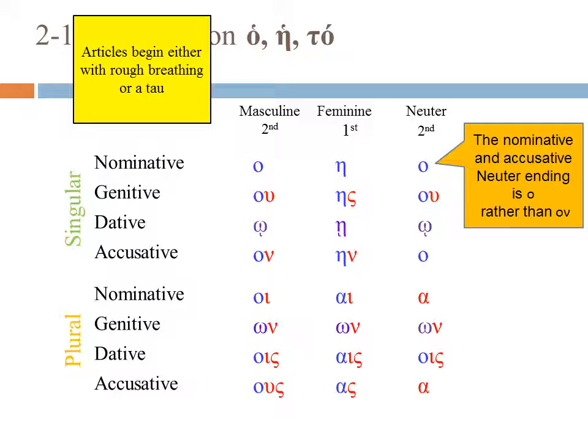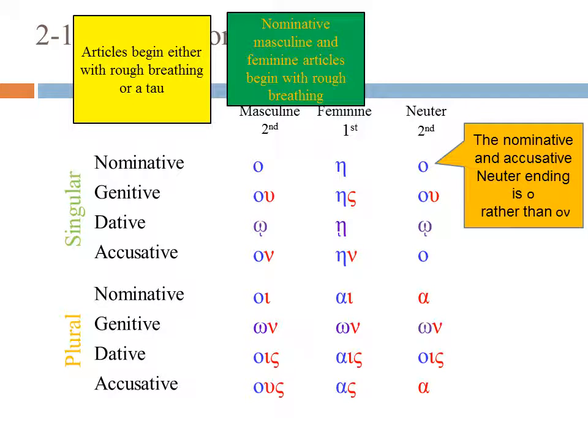So in a sense, we can think of all definite articles must begin with an H or a T. Nominative masculine and feminine articles begin with rough breathing. So let's look at the nominative masculine, rough. Nominative feminine singular, rough. So whatever happens in the singular is going to happen in the plural as well.